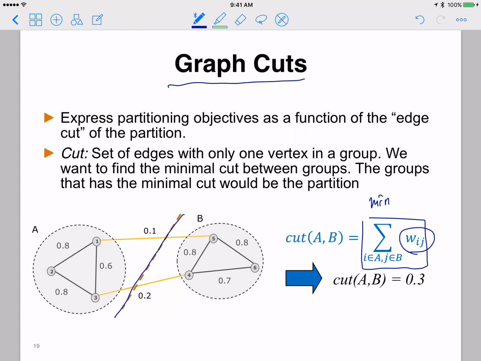Okay, so minimizing this normalized cut is called the normalized cut algorithm, and this has been quite a popular clustering method, especially effective for image segmentation.